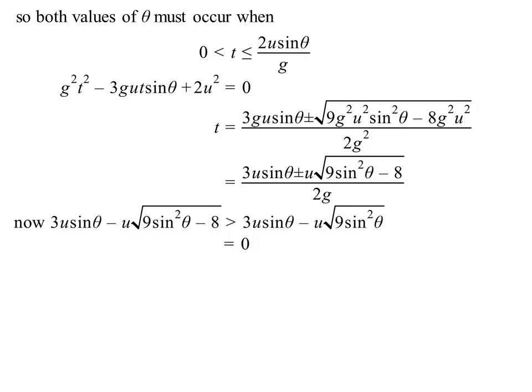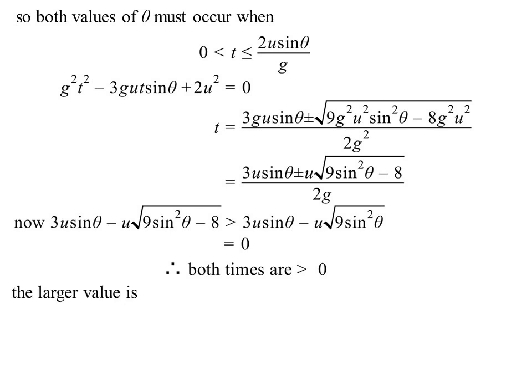That would end up being a bigger number. If you look at the right hand side, the square root of 9 sine squared theta is 3 sine theta. So in other words, this expression is greater than 0. Well, that's good. We want the time to be greater than 0. So we do know that both of the times are positive numbers. I obviously don't have to check the plus one, because that's going to be positive, adding a positive to a positive.